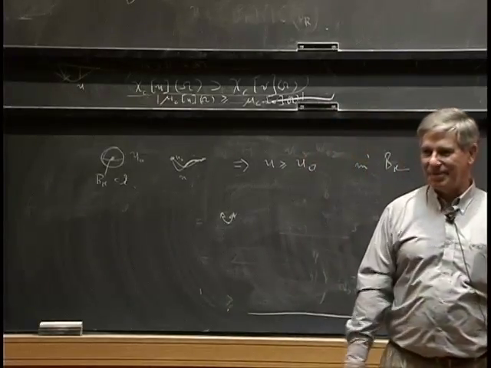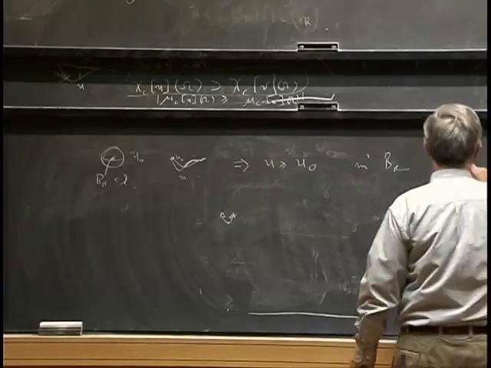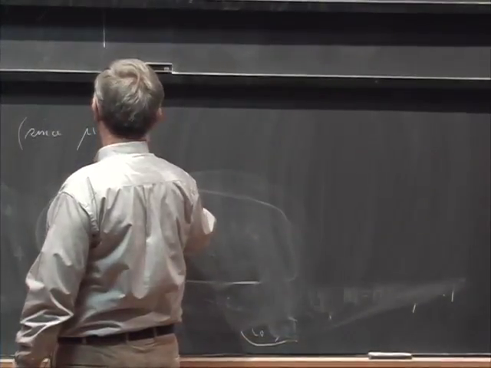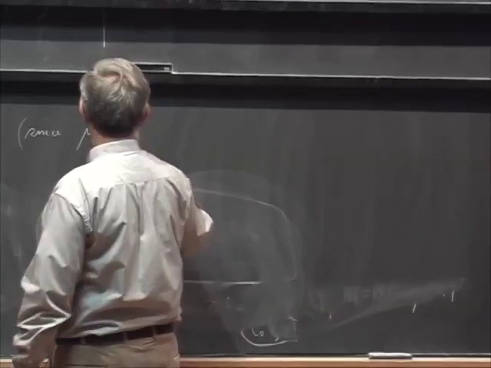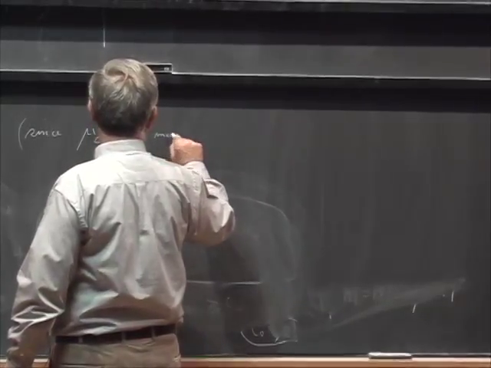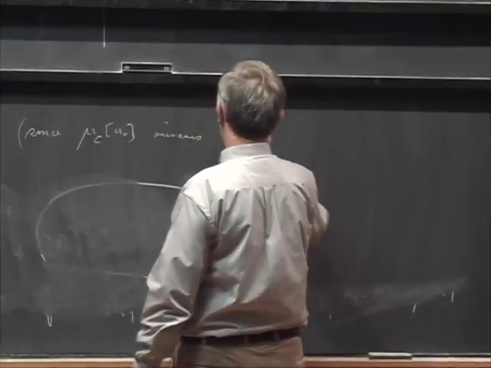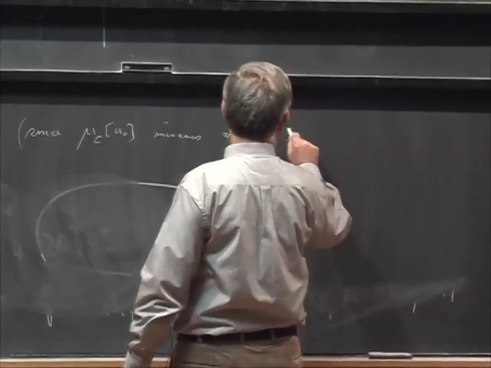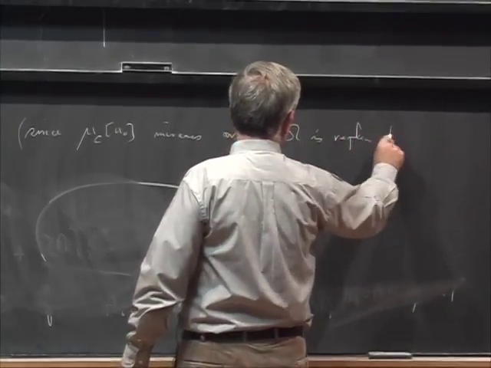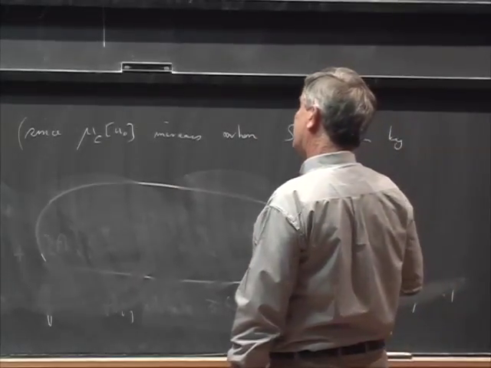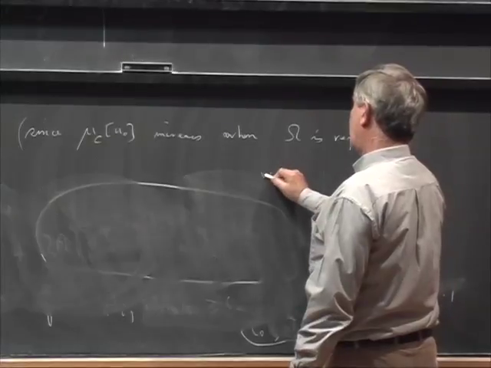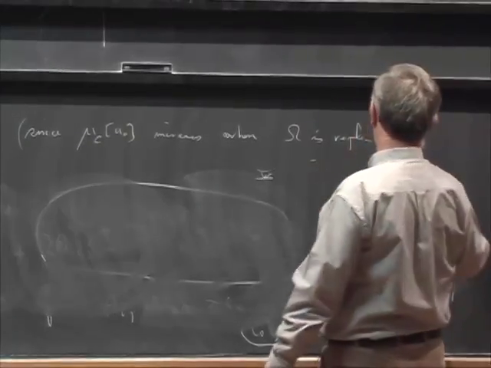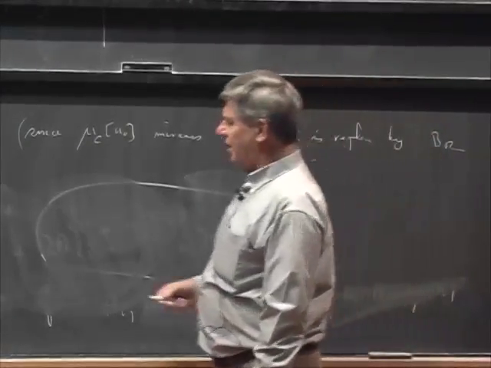Since the Monge-Ampere measure of u0 increases, there'll be more contacts on the small guy, more support hyperplanes, when omega is replaced by BR. So I can do a comparison like this.